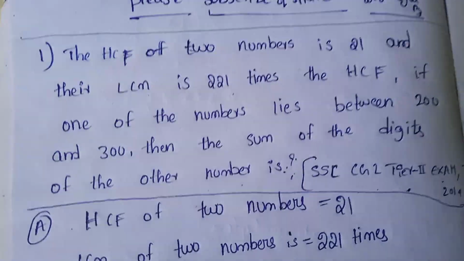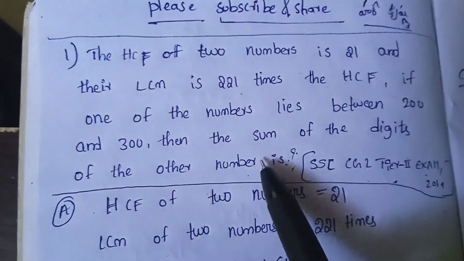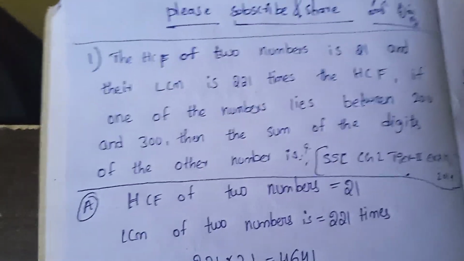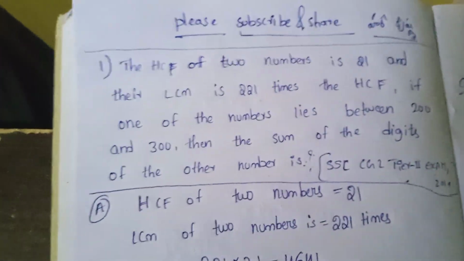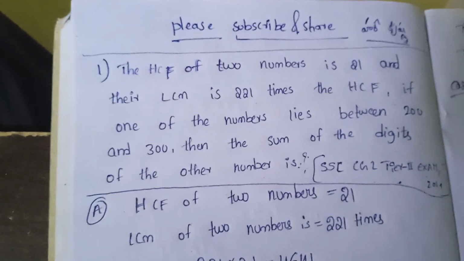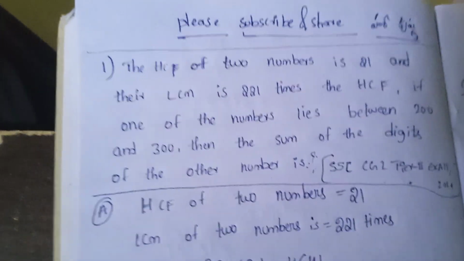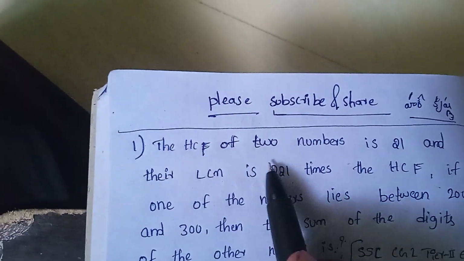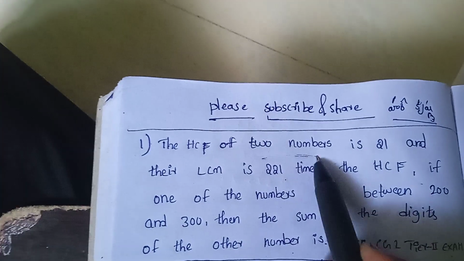If one of the numbers lies between 200 and 300, then we calculate the sum of the digits of the other number, not the one between 200 and 300. In this question it is also mentioned that the HCF of two numbers is 21. Here we understand there are two numbers, not one.